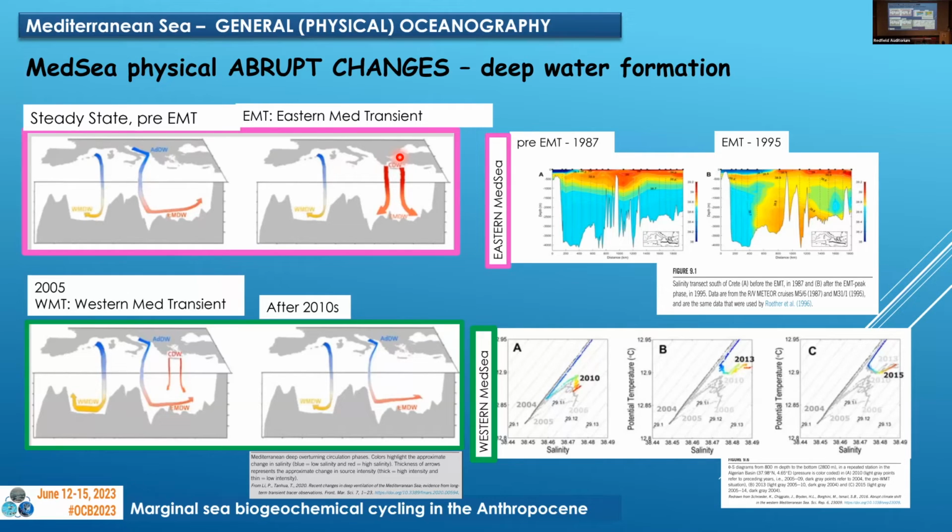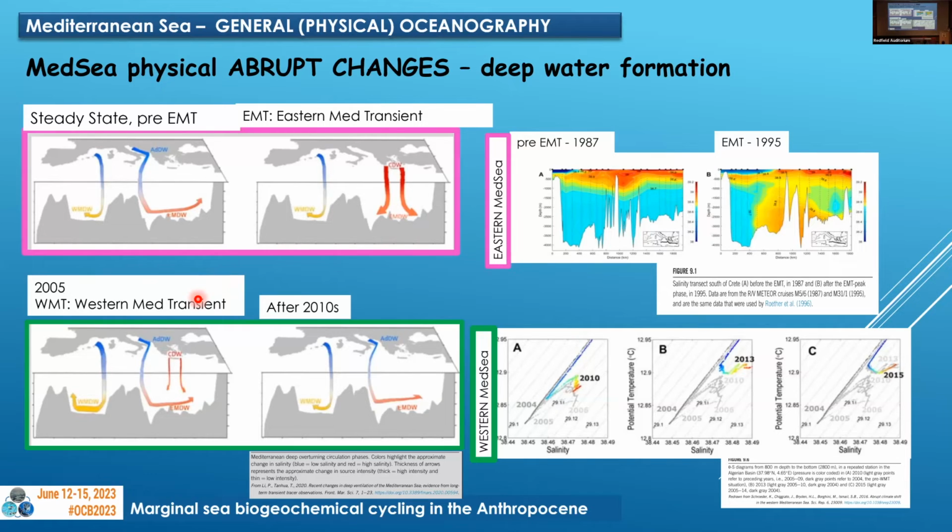Those waters completely overflowed from the Cretan Sea into the deep Eastern Mediterranean, completely changing the distribution, for example, for salinity, where waters get much warmer and with a higher salinity.